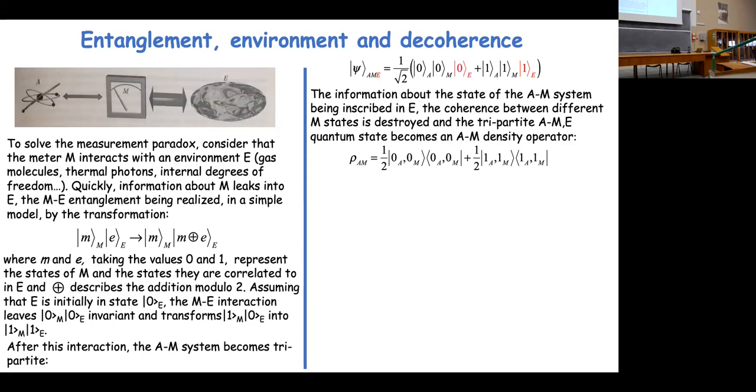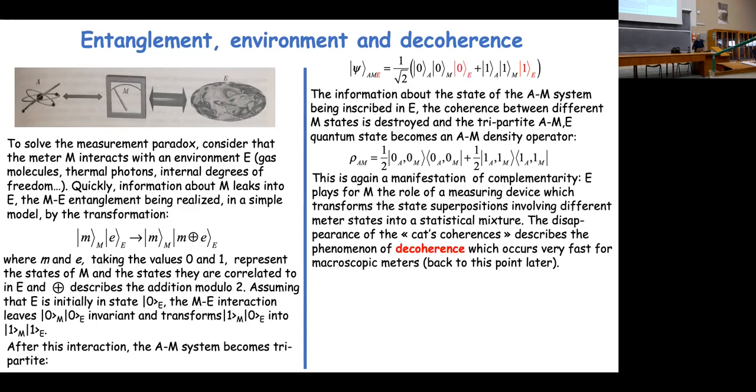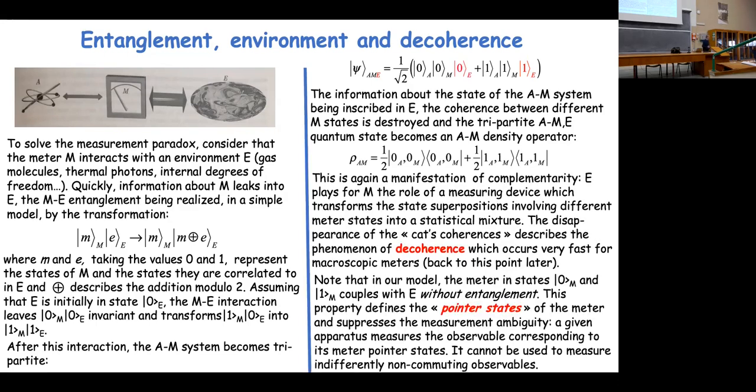All observers which look at the same meter will tell you where it is. There will be no ambiguity. So pointer states are so-called quasi-classical states, states that you want to describe by quantum physics, but you have to understand that they have a special coupling to the environment which prevents any entanglement with the environment. And so if you assume that, you no longer find the problem of the Schrodinger cat, and you come back to something which makes sense.